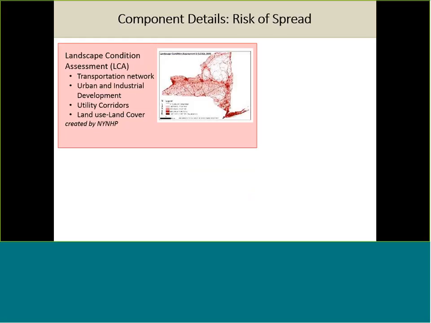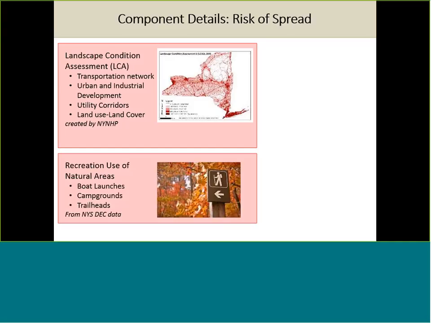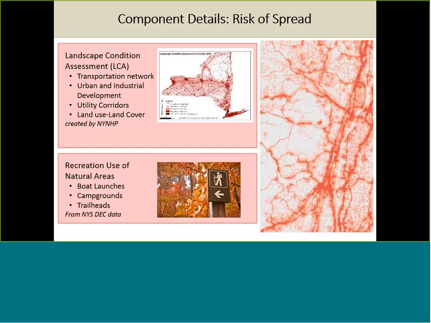So if you have something like I-90 running across the state, it's going to have a much higher impact, and that impact is going to be felt at a further distance away from I-90 than, say, a gravel road that is cutting through state forest land. And we also included recreation use of natural areas. And so we gathered data from the New York State DEC databases on boat launches, campgrounds, and trailheads. And then combined all those to create a thematic map of risk of spread.